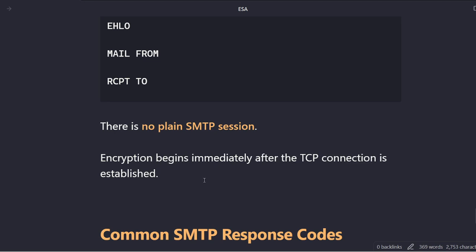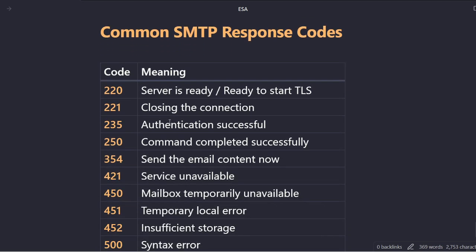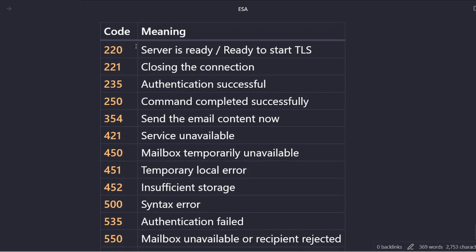Next, I want to take you through these SMTP response codes. These are some famous, day-to-day response codes which we use. Let's go through them. 220 means the server is ready, you can start your TLS session. 221 is used for closing the connection. 235 is used for authentication successful. 250 means the command completed successfully, like we saw in our flow.